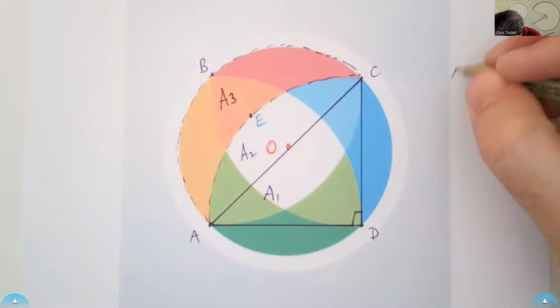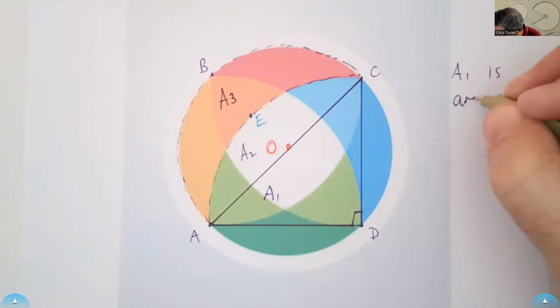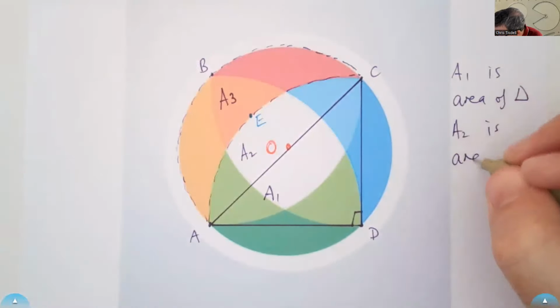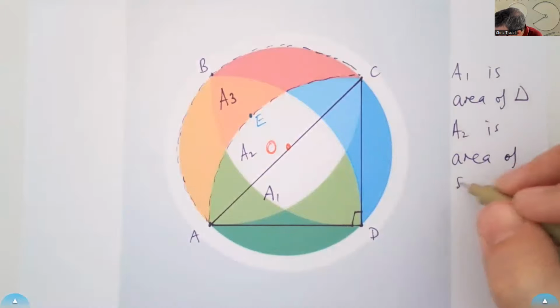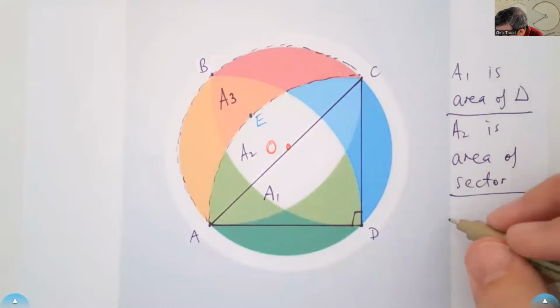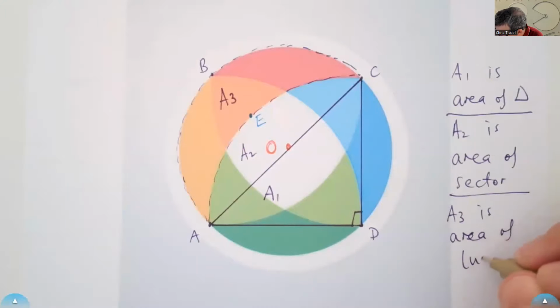So A1 is the area of our triangle. A2 is the area of our sector. And A3 is the area of our lune.